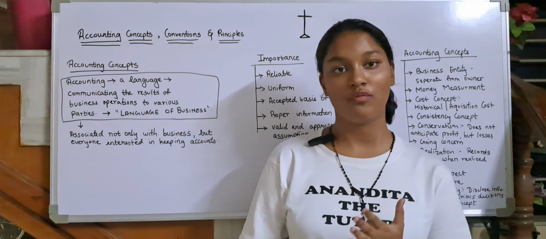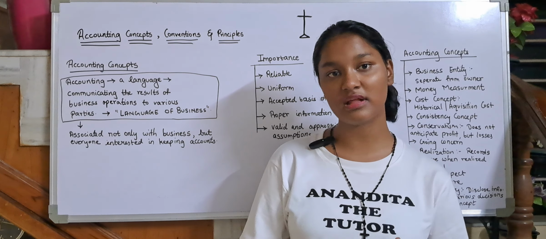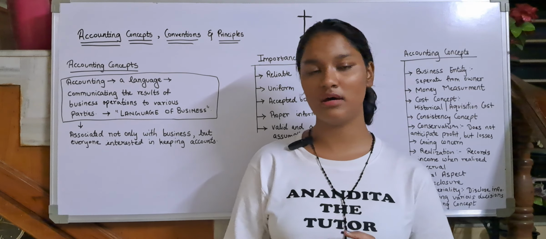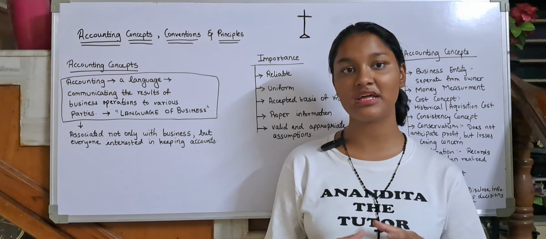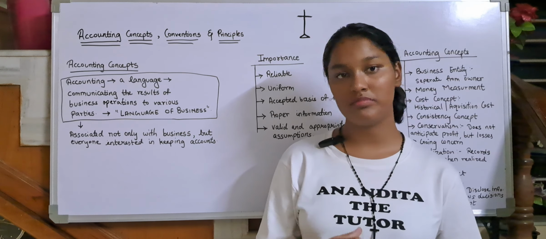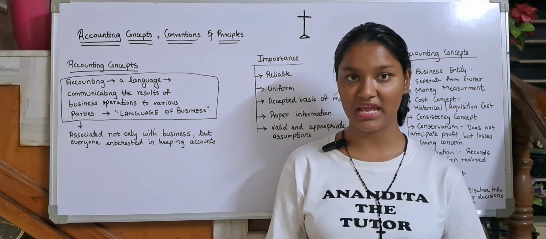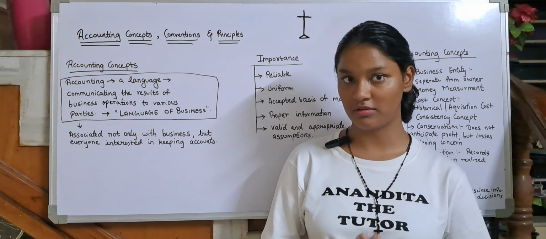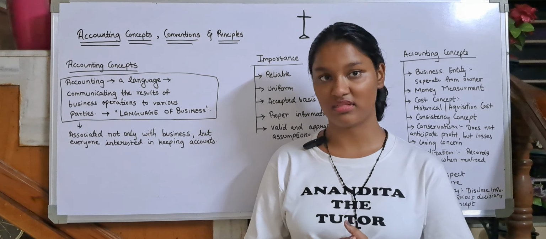Whatever a housewife does is also known as accounting. Everyone who is interested in maintaining records of whatever expenses, whatever losses take place in their lives is associated with this concept of accounting. This is known as accounting concept.